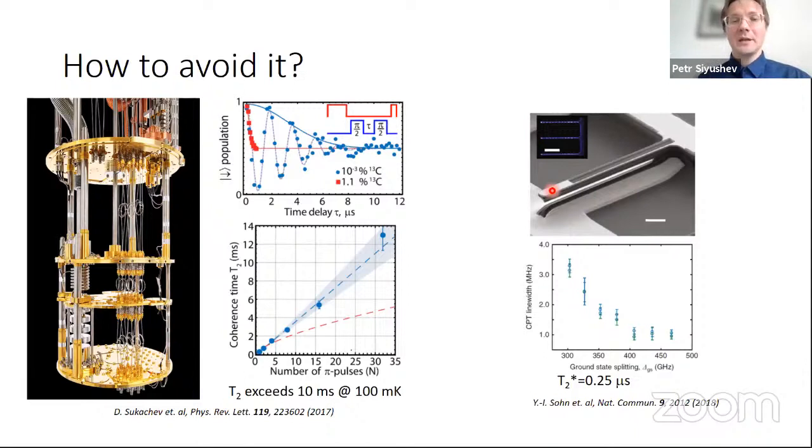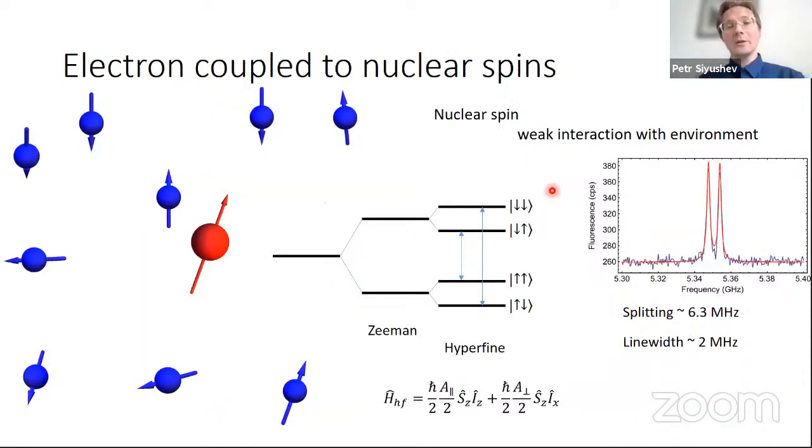However, the question is whether we really need to rely on electron spin as a quantum memory. And the answer is no, because we always have other spins, nuclear spins in diamond. There are typically about 1.1% of carbon-13 atoms in a crystal lattice, which corresponds to the natural abundance of carbon-13.